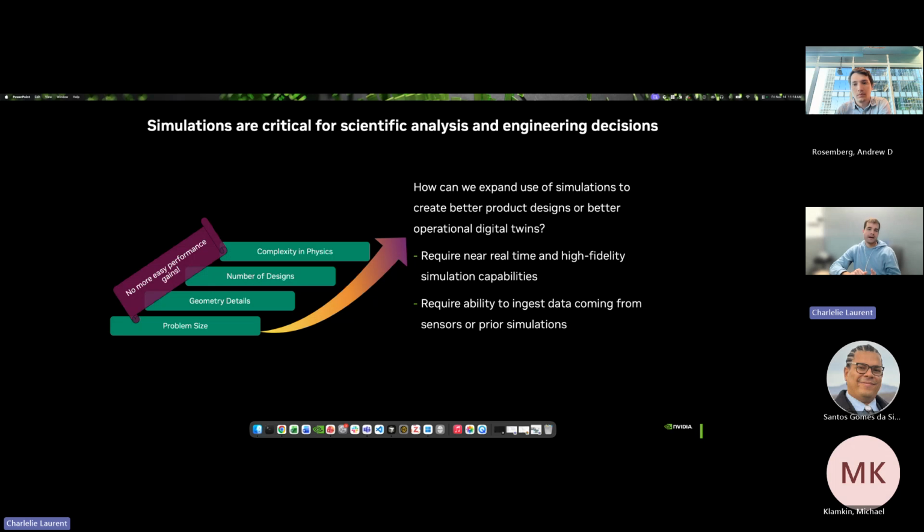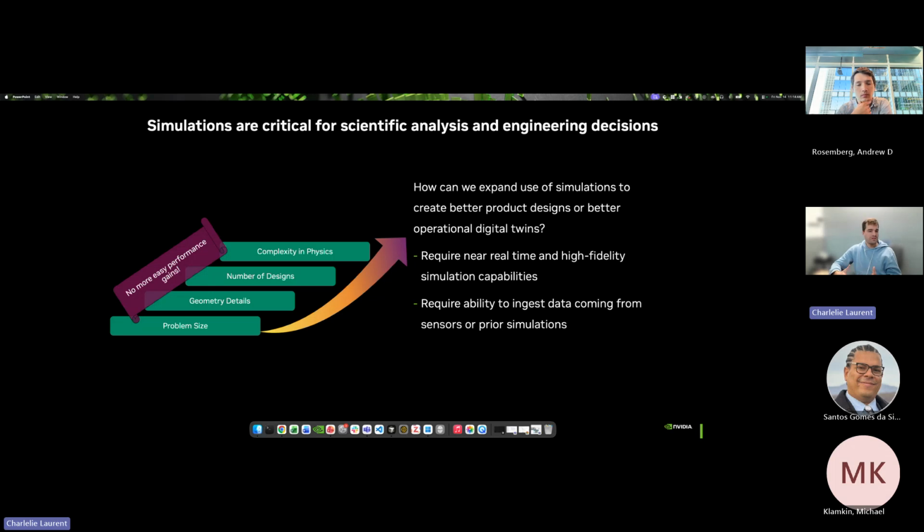So why we need AI is because we're hitting a limit in terms of simulation, at least in the opinion of many people. For a complex industrial system, we can usually do one simulation, maybe a couple of them.